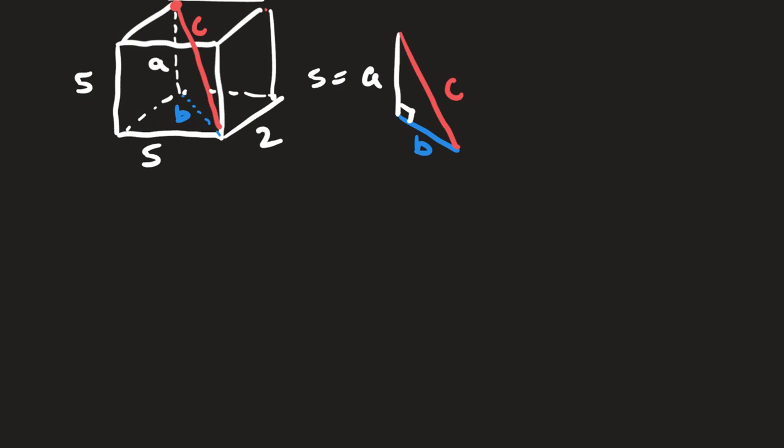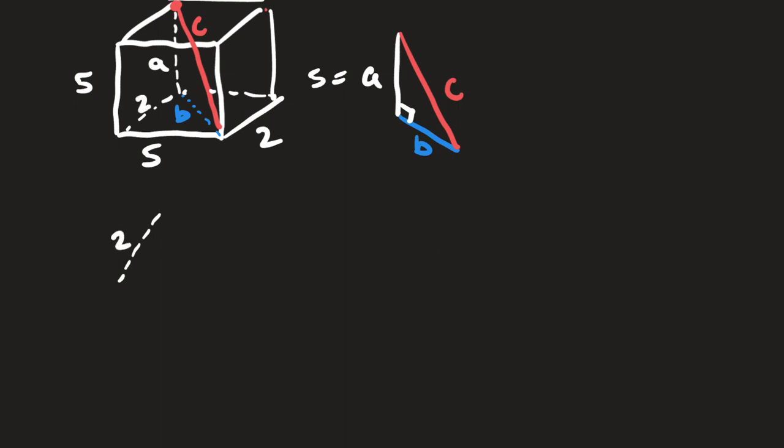We're going to have to use this side, and I'm looking at this right here, and maybe I'll make this dashed just like it is. And this side right here is 2, so this side is 2 also.